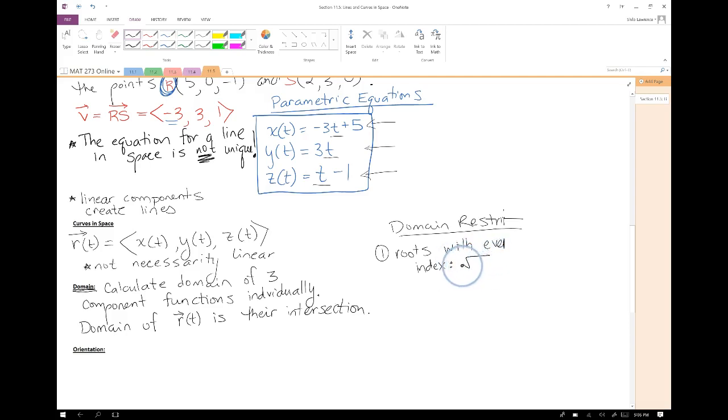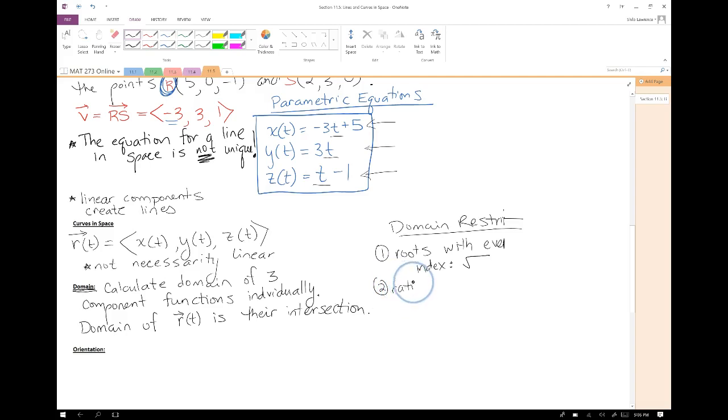We cannot take the square root of a negative number. So what we need to keep in mind here, if we have a component function with a square root, is we need to make sure that whatever expression is under that root, which we call the radicand, is never negative.